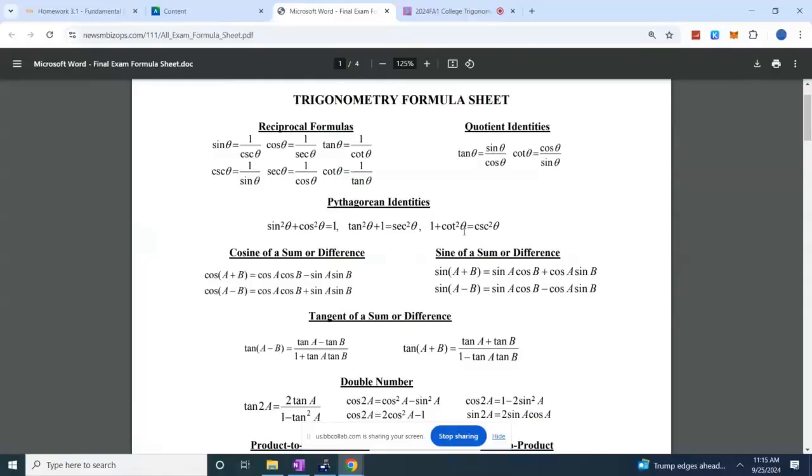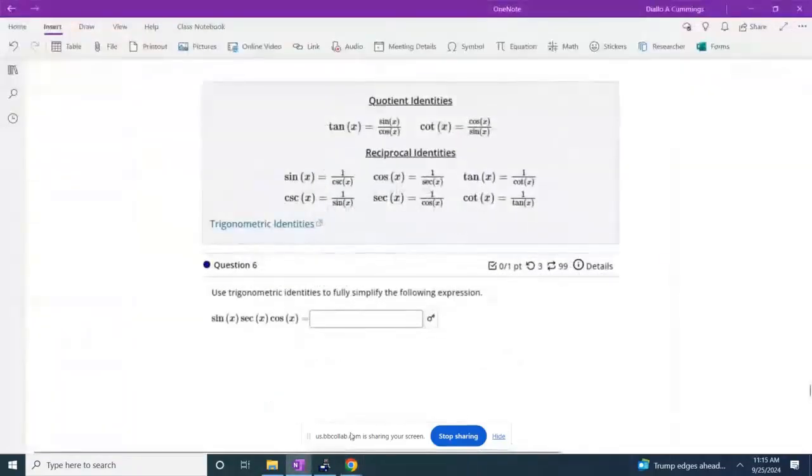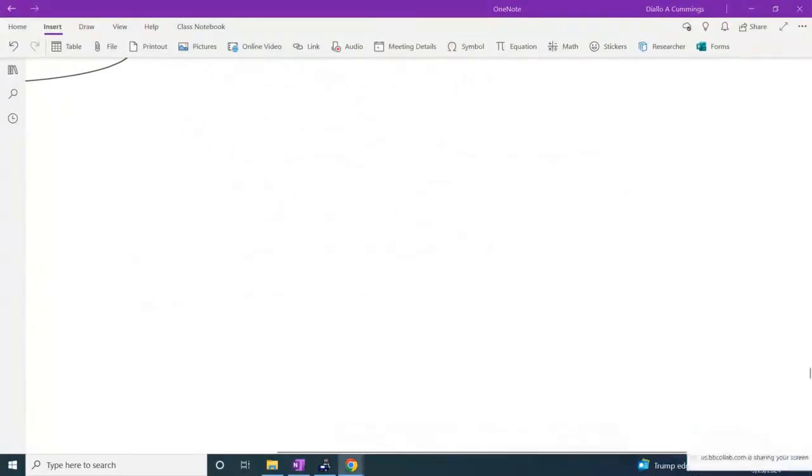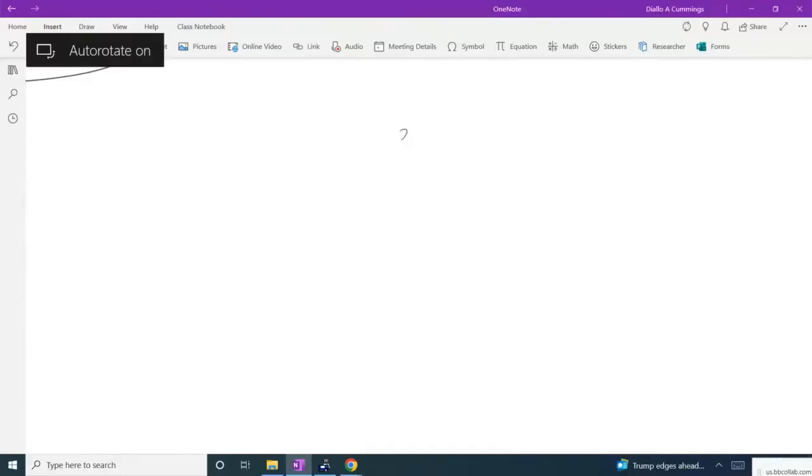So before we go any further on the formula sheet, I just want to show how these things come into play. Okay. So from geometry, we have the Pythagorean theorem. All right. We had a Pythagorean theorem.